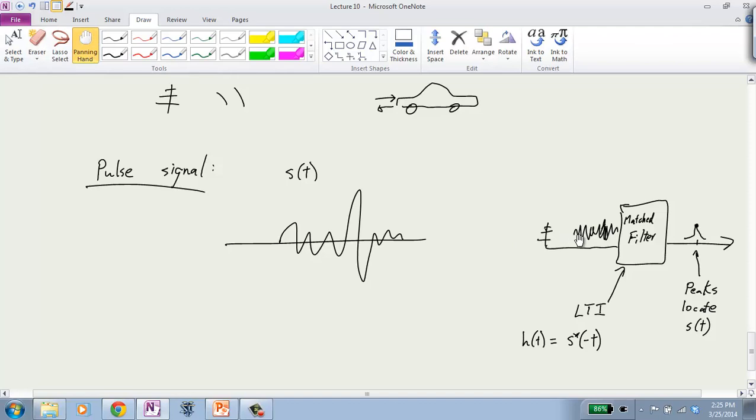If S gets received and goes into this matched filter, it gets convolved with the time reversal of S. So what comes out should be the autocorrelation of S. And we said that the autocorrelation at time 0 is the energy. So the energy of your pulse signal is going to be related to how high the peaks will be at the output of this filter. Okay, anyway, that was a very whirlwind tour of this.